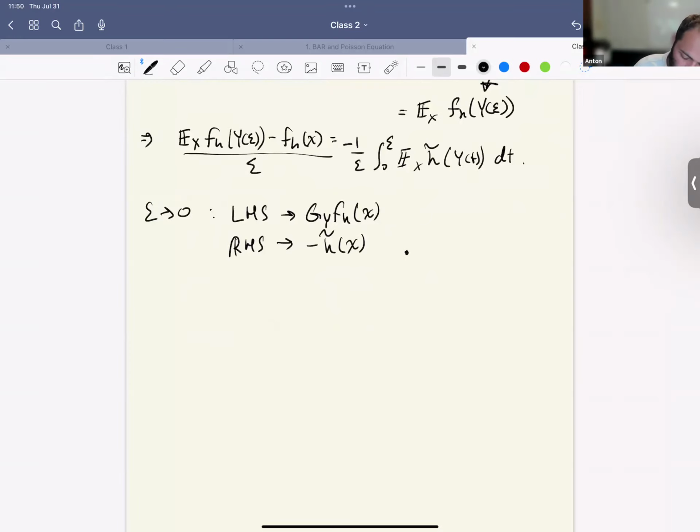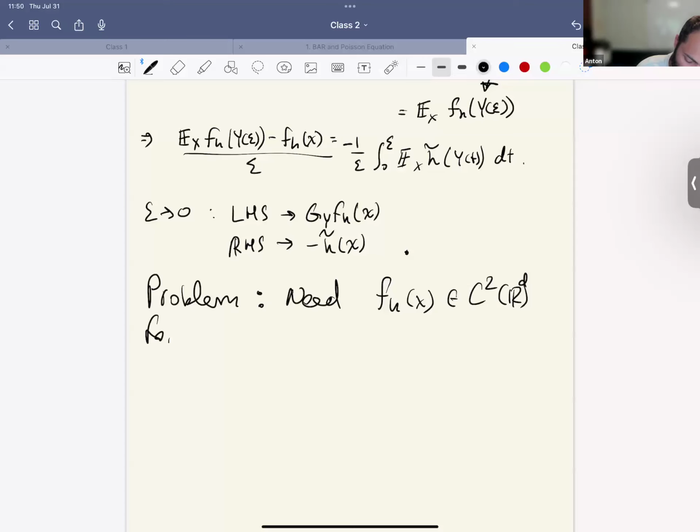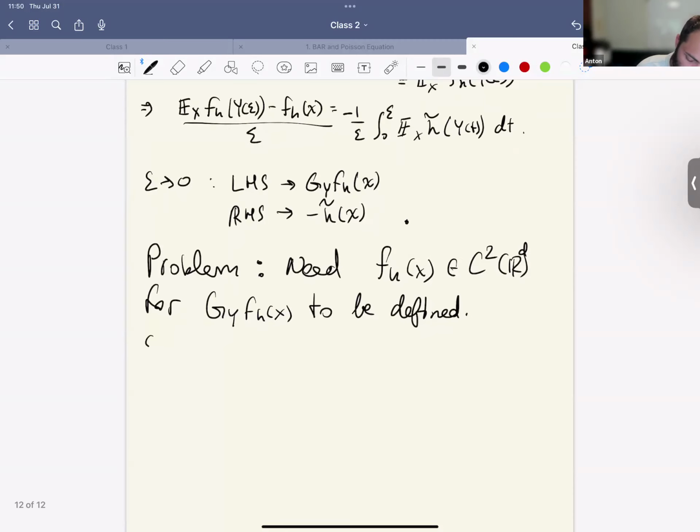Okay. Problem. We need f to be, let's say, C2 for the generator applied to f to be defined. Okay. Solutions.